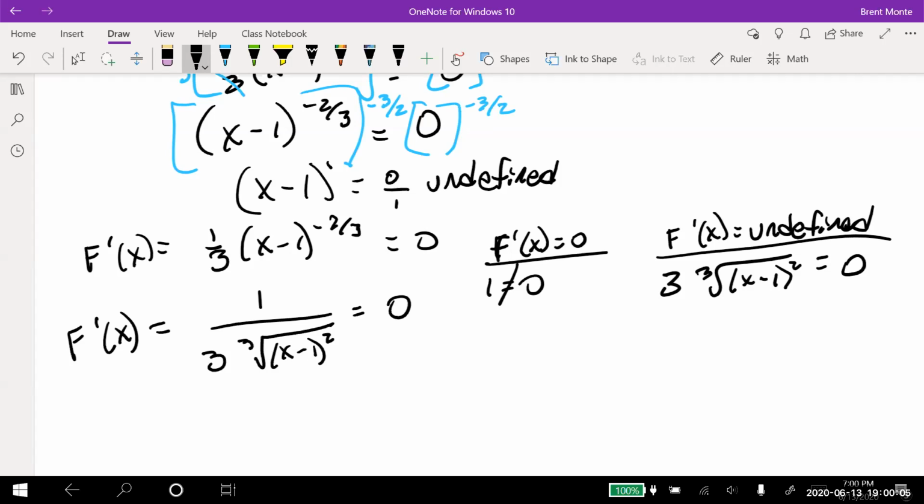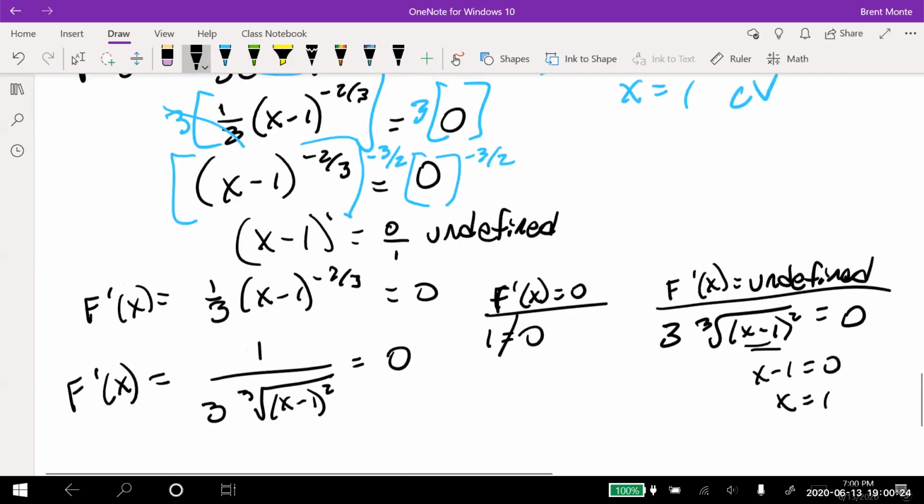So it's just this little piece right here. Set that equal to 0, and you get x equals 1, just as we said before. It's a critical value. It's not where the derivative is equal to 0, but it is where it's undefined. Okay, so let's go from there.